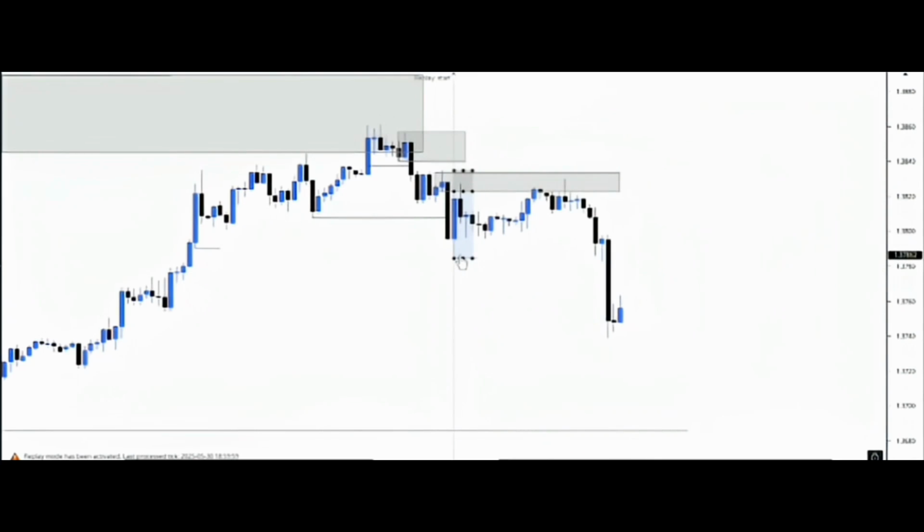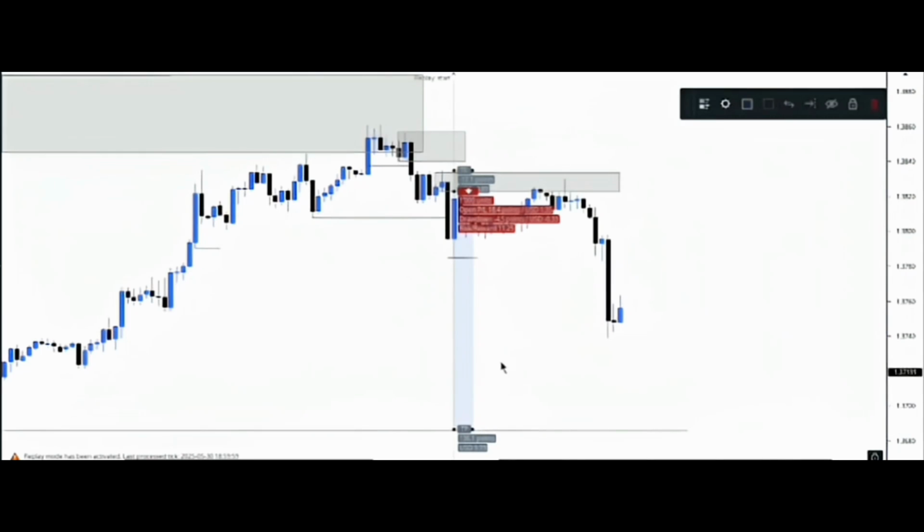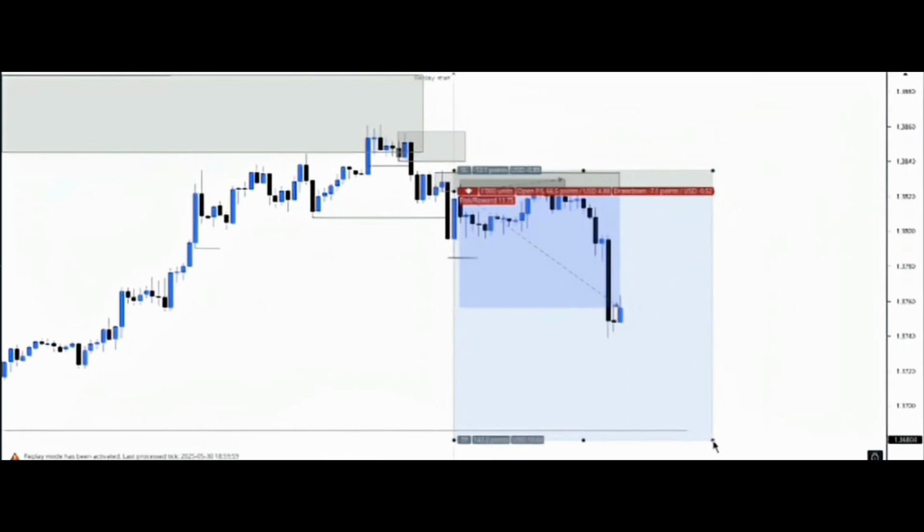Meanwhile, it has hit our first TP, so we want to move this to our second zone. We want to move this to our ultimate target, our external liquidity. Okay, so if price takes out our external liquidity, it would have hit our ultimate take profit.